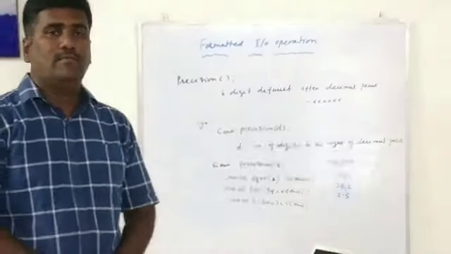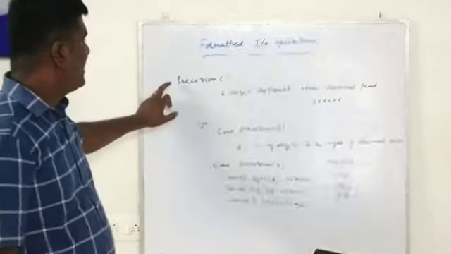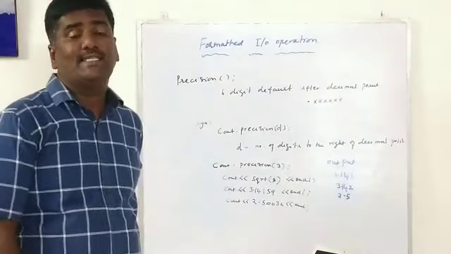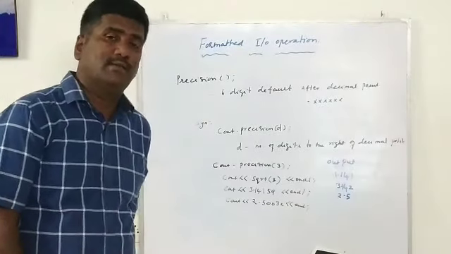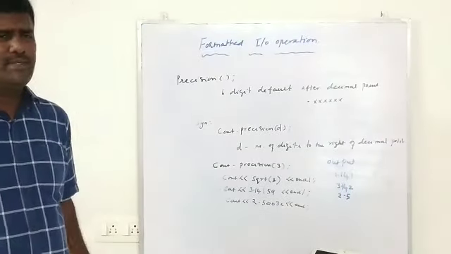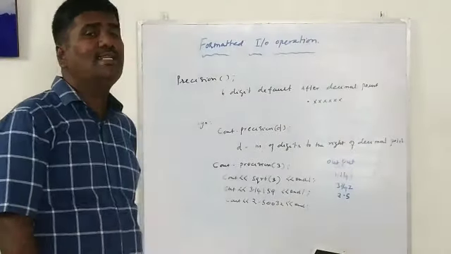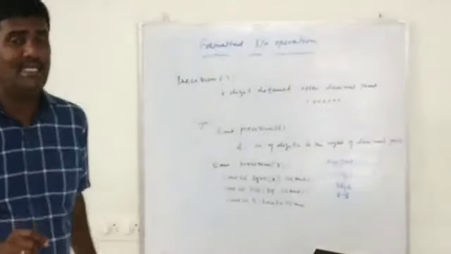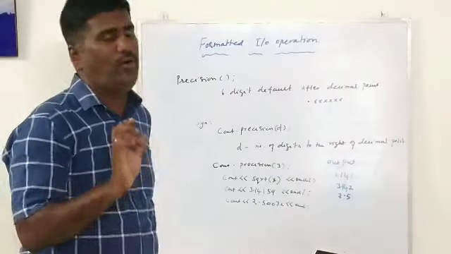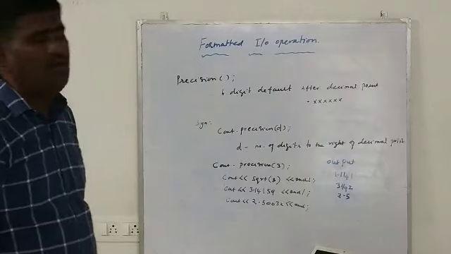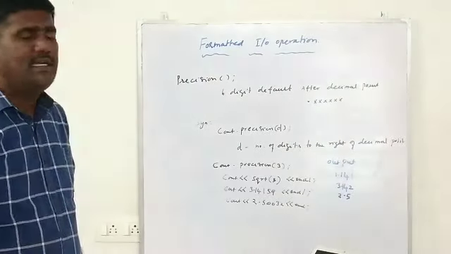The next function is precision. You already know set precision from manipulators. What is meant by precision? Precision is nothing but how many digits will be printed after the decimal point. Normally 6 digits are the default after the decimal point.